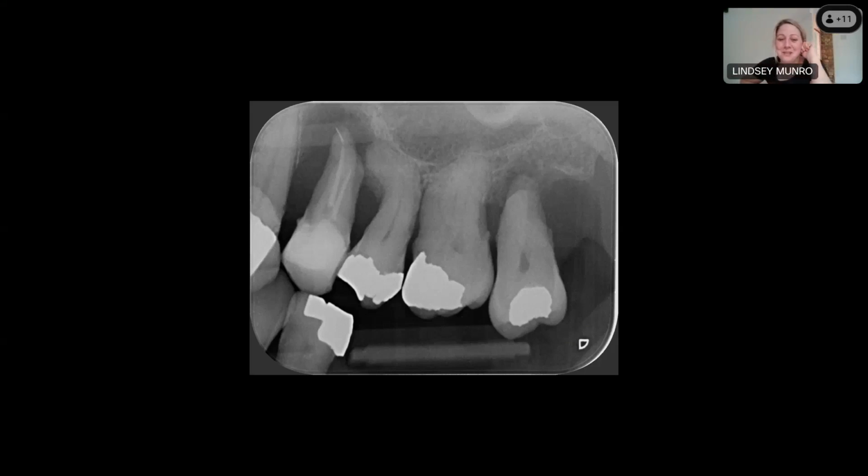There's restorations present, 2.8, 2.6, 2.5, a root treatment and restoration present, 2.4, and a restoration present, 2.3 distal. Well, you can only partially see that. The 2.3, yeah. And restoration present 3.4. Yes.